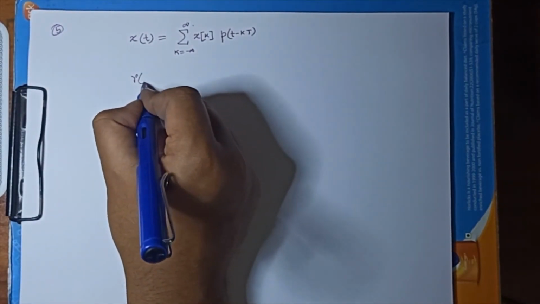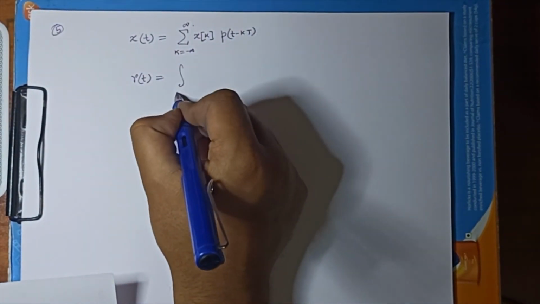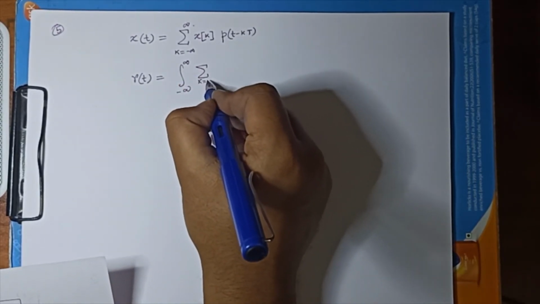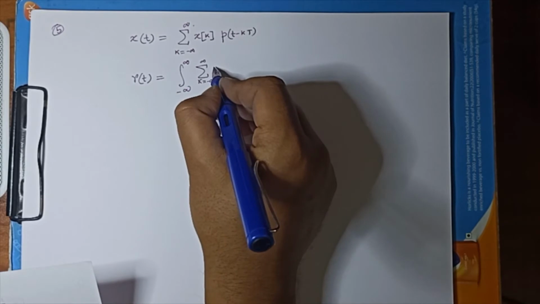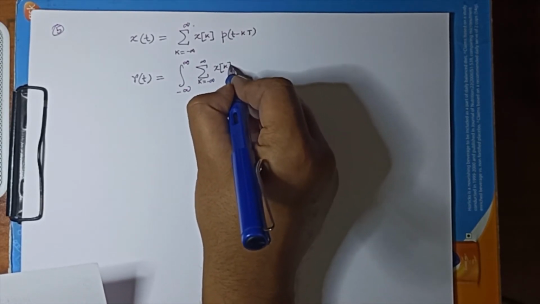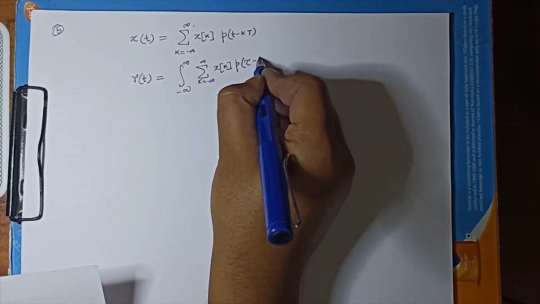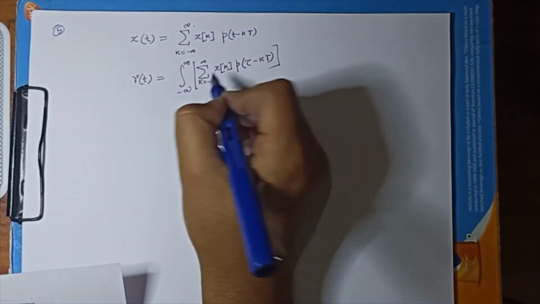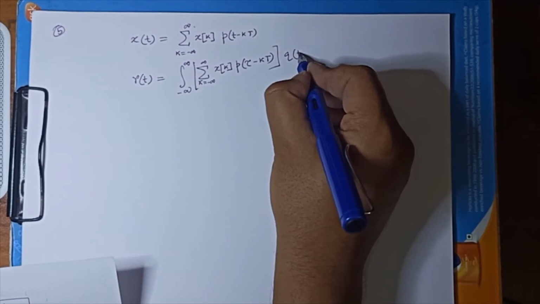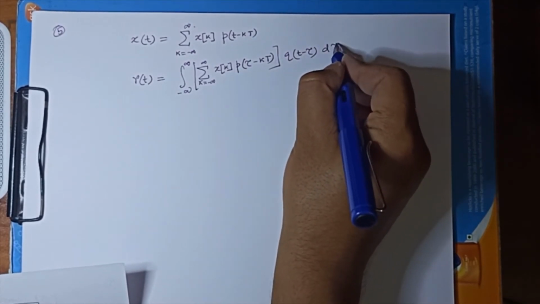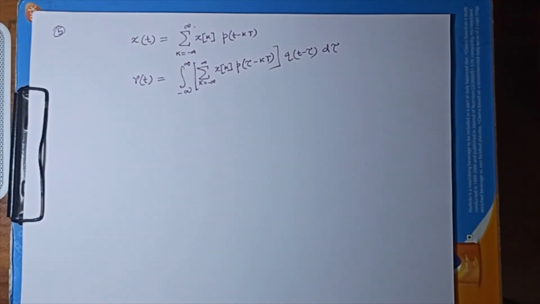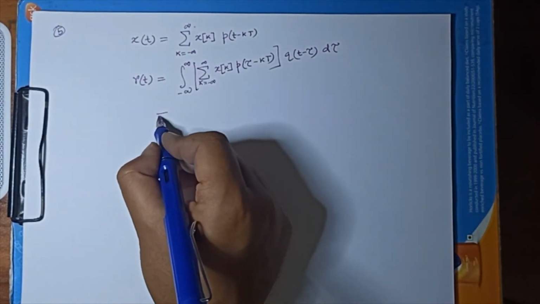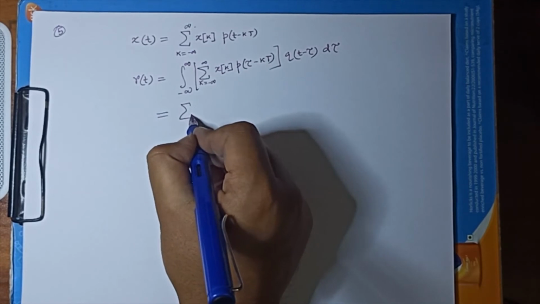So your r(t) will be the integral from minus infinity to infinity of the summation, k equal to minus infinity to infinity, of x_k p(tau minus kT), this into q(t minus tau) d tau. Now what I will do, I will apply Fubini's theorem. So I will swap the sum and the integral, assuming that is permitted.